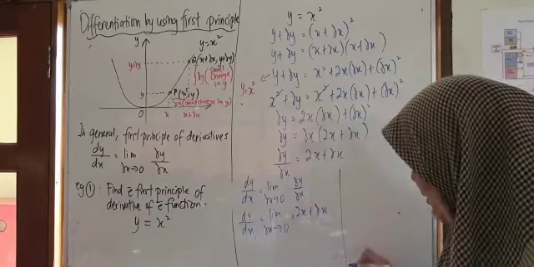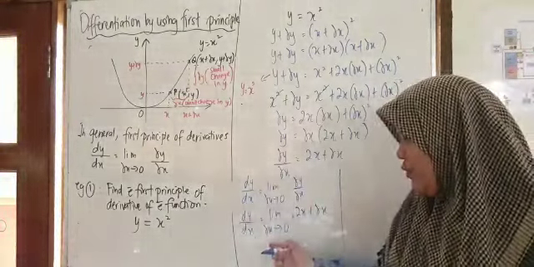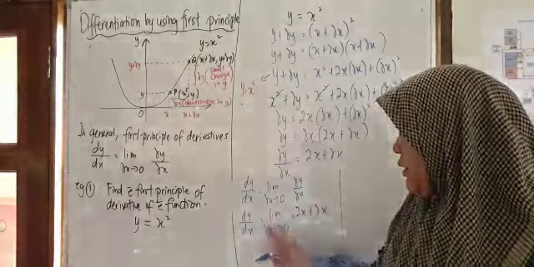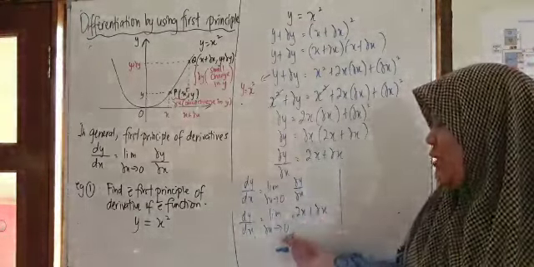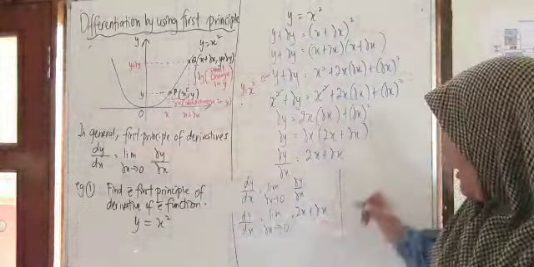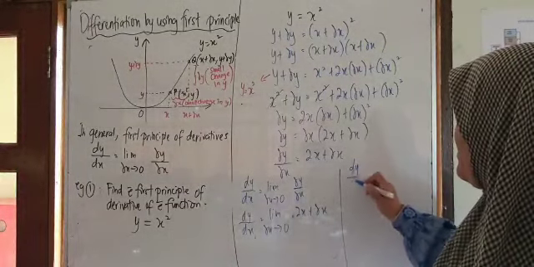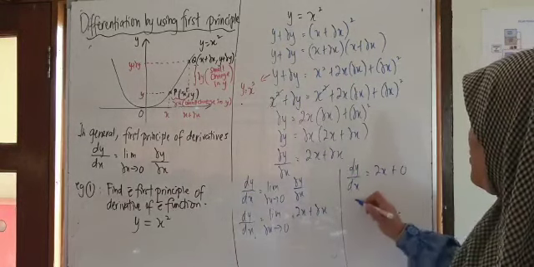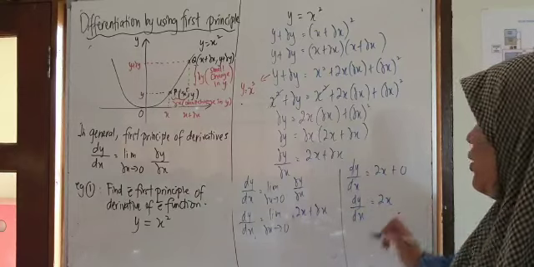And then, in the previous class, Cikgu Nelson taught you on limits, right? So what are we going to do when we have delta x approaching 0 for this function? We just substitute the value of 0 for delta x. So we have dy/dx equals 2x plus 0, and we have dy/dx equals 2x.